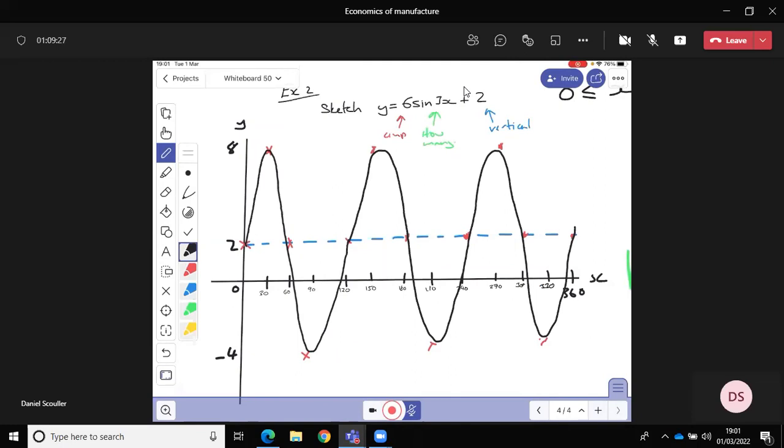Okay, so you've got 3 full waves. If I just draw lines in to separate them, these green lines are just to indicate where the waves start and finish.